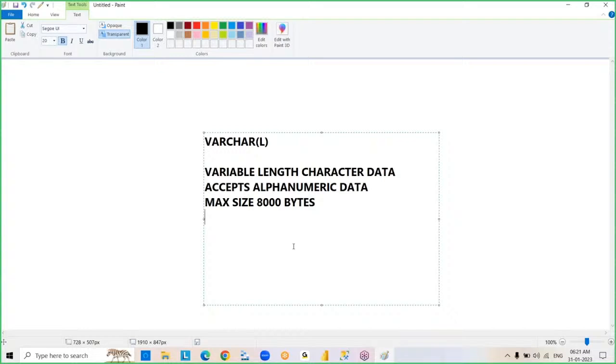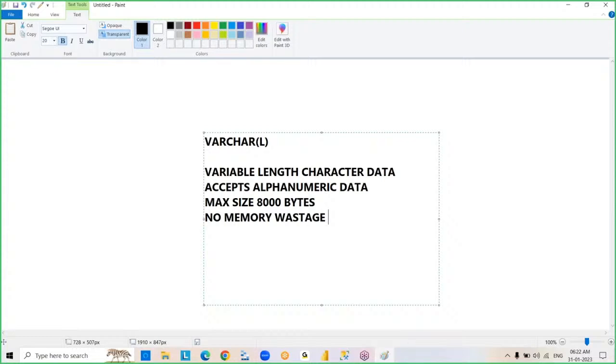In the same way, the only difference is no memory wastage. In this data type, whatever data you are going to insert, it occupies memory for that only. No wastage. Right.